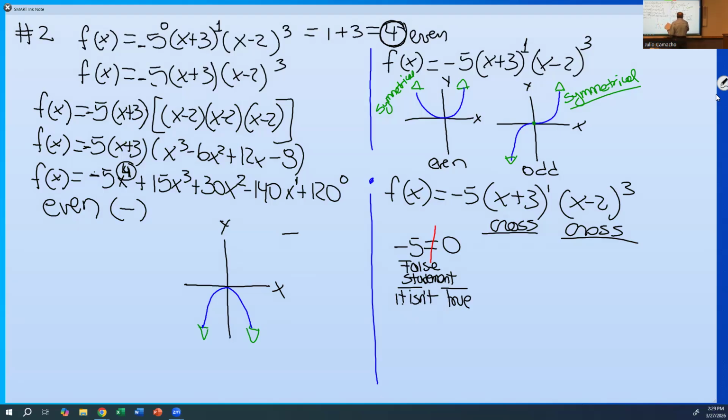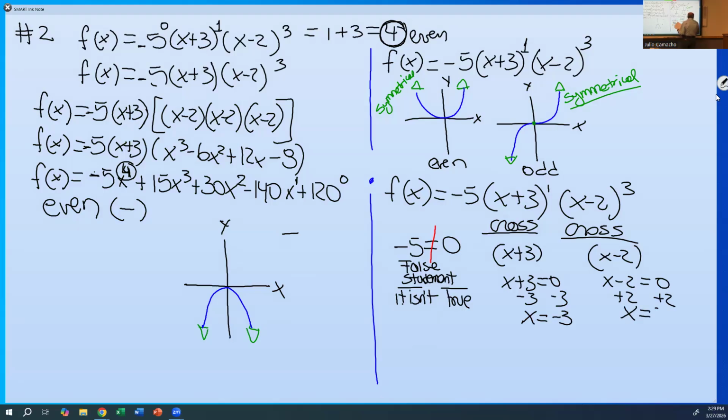Our second factor is x plus 3 equals 0, and the next factor is x minus 2 equals 0. So x plus 3 equals 0; if you subtract 3 from both sides, the answer is x is equal to -3. And then x minus 2 is equal to 0; we add 2 to both sides, x is equal to 2.